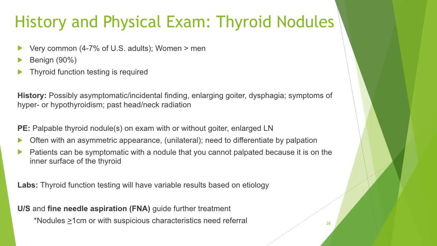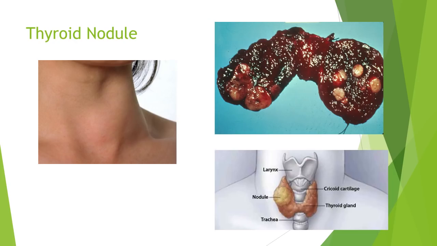And keep in mind that any nodule greater than 1 centimeter should be suspicious and referred for further evaluation. Here are some pictures of some nodules. The identification when describing this to your referral is often very helpful.